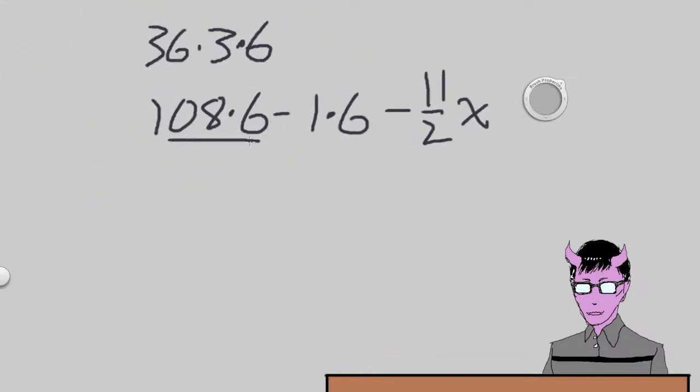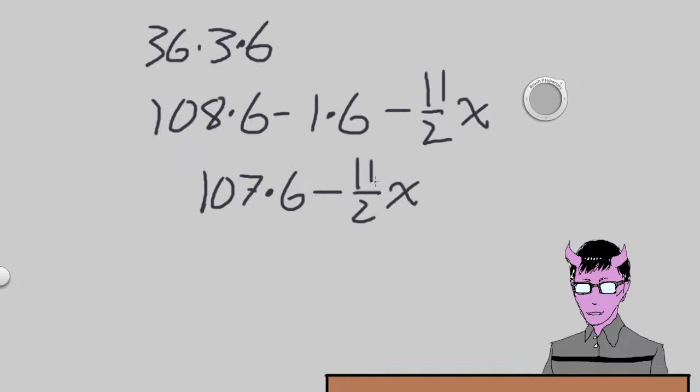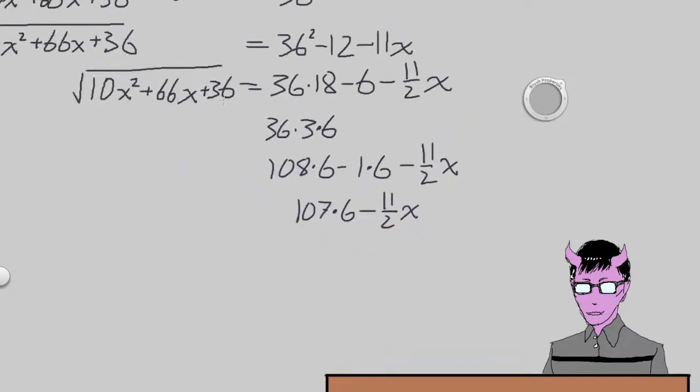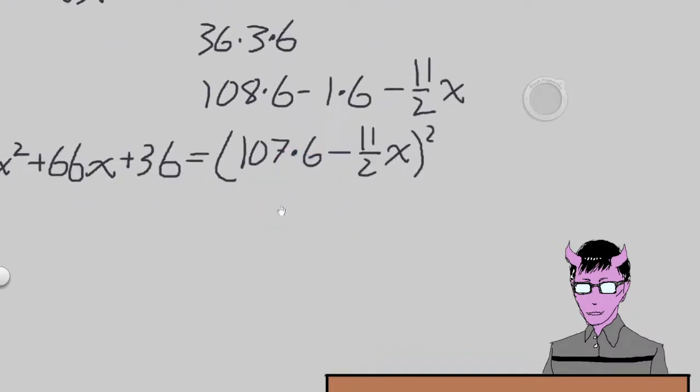So since we have 108 6's and we're taking away one of those 6's, then we have 107 of those 6's left. So I'm trying really hard to avoid having to multiply that out. Okay, so this is the thing that we're going to be squaring in the aftermath. So we're going to square this. So we can successfully cancel out the square root, but we're going to copy paste the argument since we're squaring both sides. That's what we get.